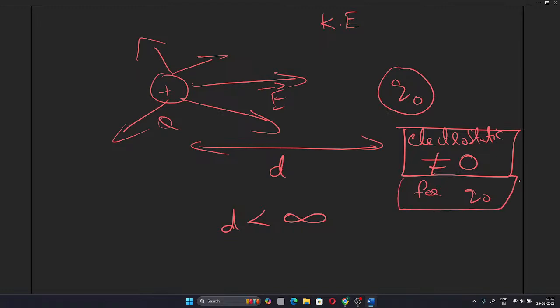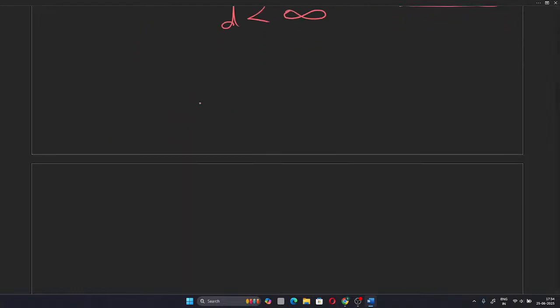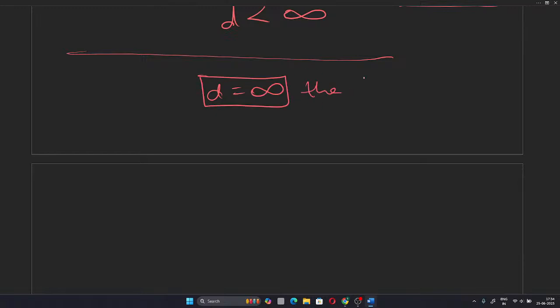Even though it might be very very small, very close to 0, it will not be 0 at any point at a distance d. But this is not the case for d equals infinity. When d equals infinity, the distance between the charges is infinity, then V equals 0. V is potential difference, or we can just use it as potential as well.